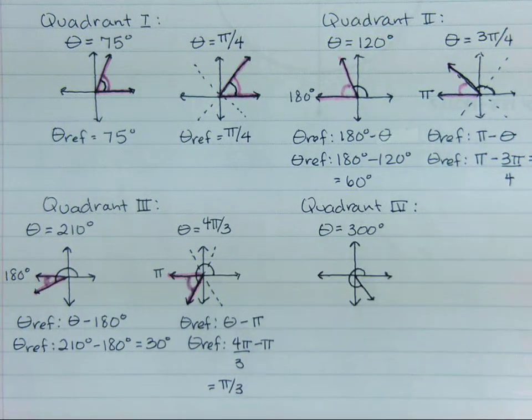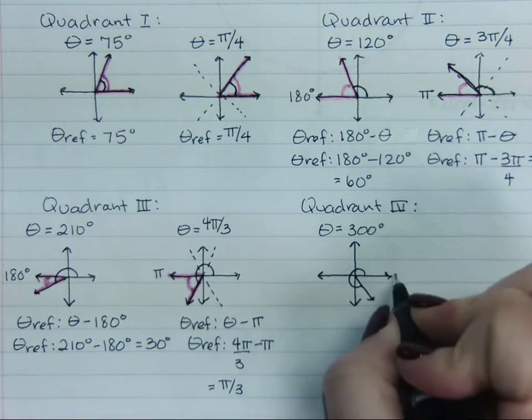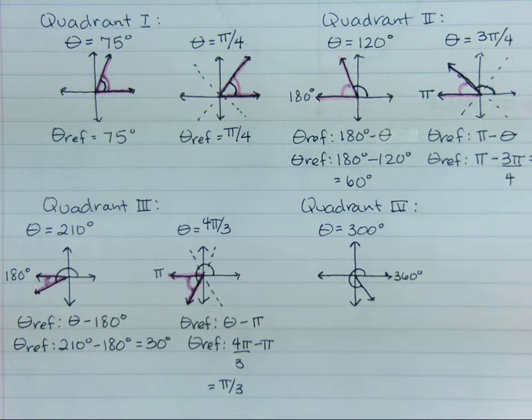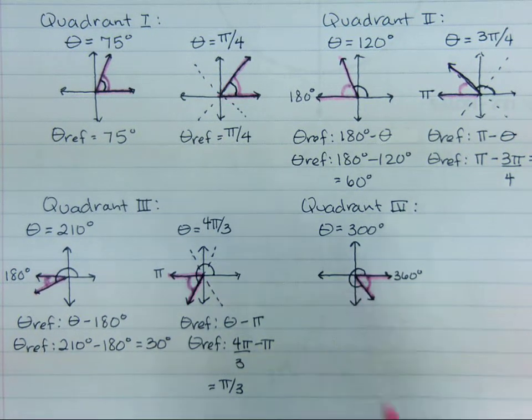And so when you're in quadrant number 4, because this is your 300-degree marker, you're almost close enough to going all the way around. So your closest x-axis is actually the 360-degree mark. All right. And so again, here's my closest x-axis and the terminal side. I want that little angle right there.